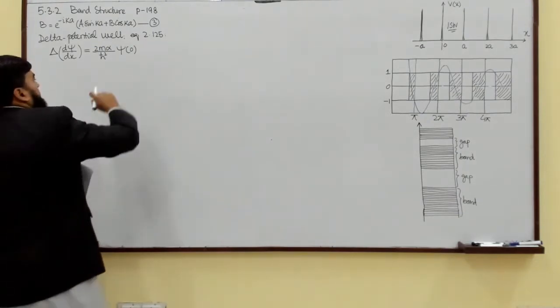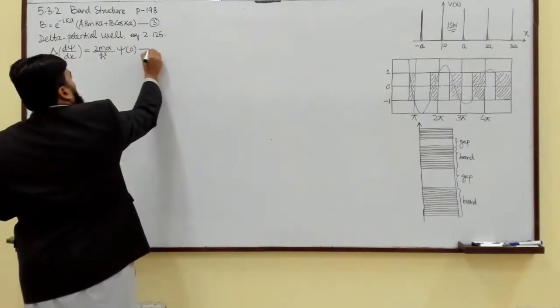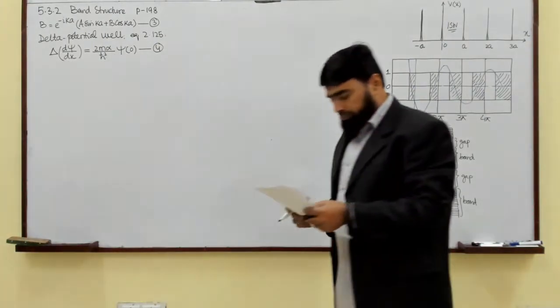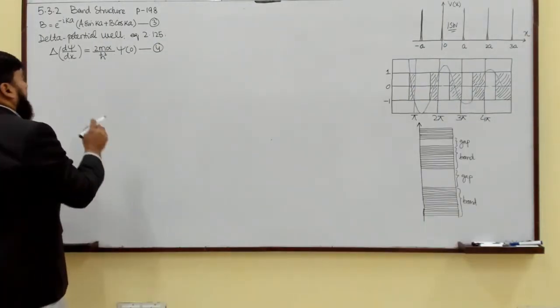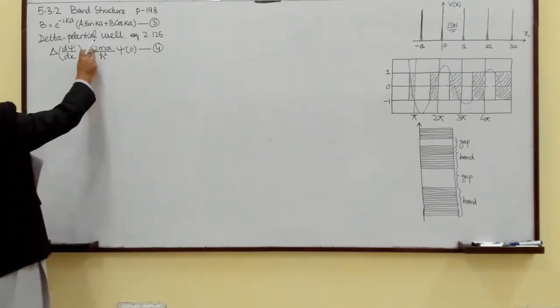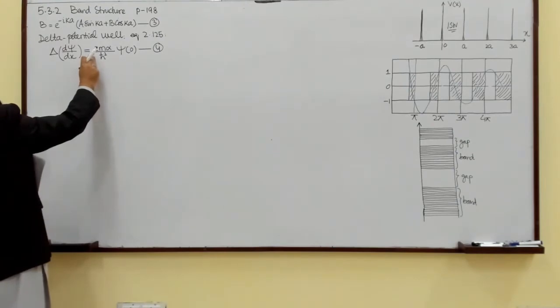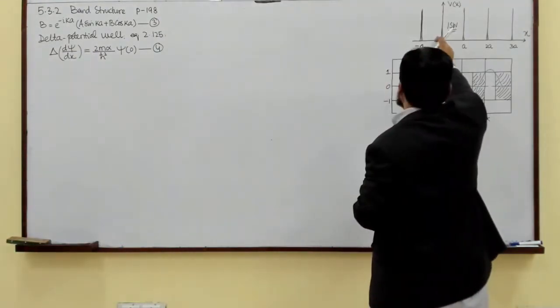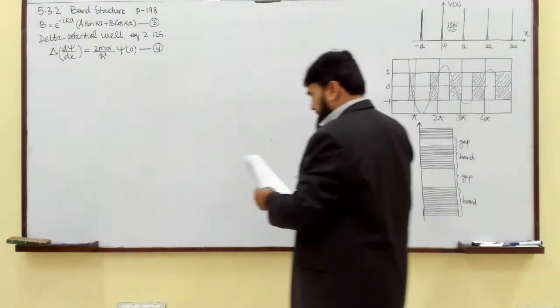Let me call this equation 4. In that equation, we were having a minus sign here, and I have just replaced that sign with a plus because our delta potential here is up.